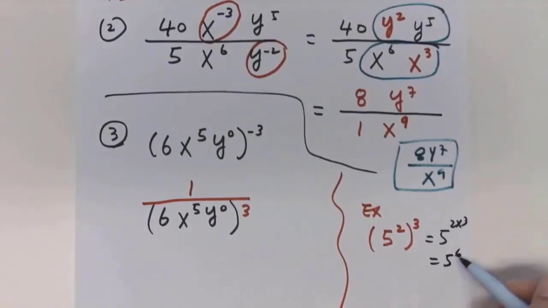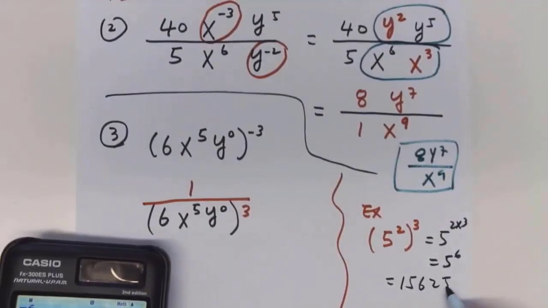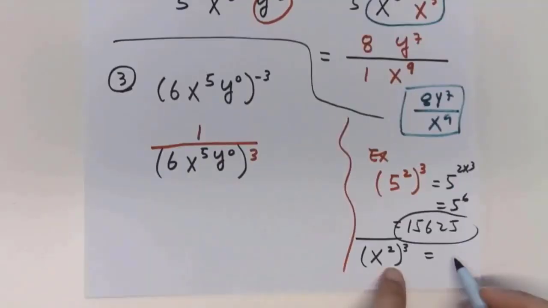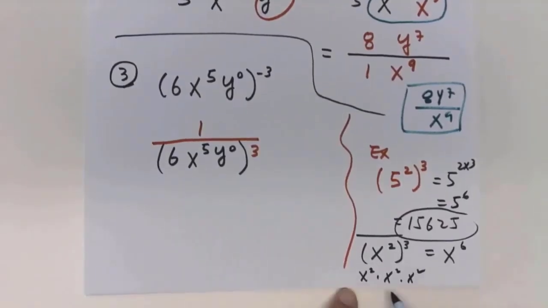So it's 5 to the 6th power, which I have no idea what that is. 5 to the 6th power is what? 15625. So just to be sure, if we have x to the 2nd power and then 3 here, then we will have what? x to the 6, because it's like x squared, x squared, x squared, right? So you have 2, 4, 6, right?